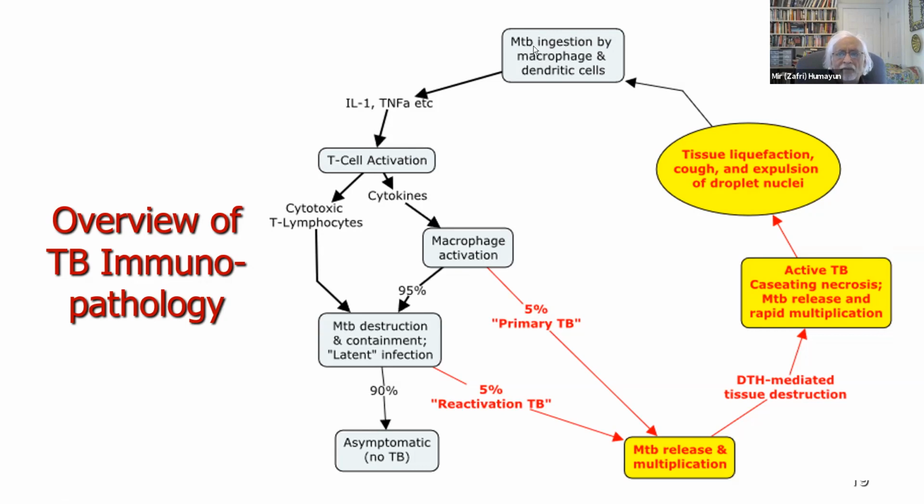So upon ingestion of MTB and uptake by macrophage and other immune cells, there is limited multiplication of MTB, but that leads to secretion by the infected macrophage of certain cytokines and chemokines. Now, cytokines are small protein signaling molecules that act on other cells, including other immune cells. Chemokines are a kind of cytokine which have the purpose of recruiting other immune cells.